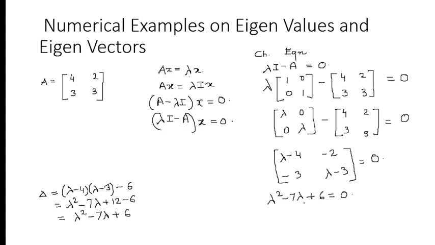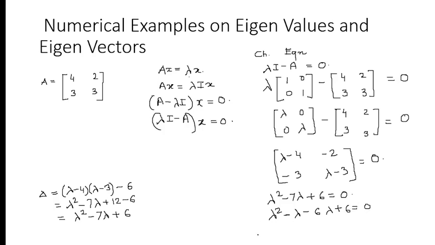If I split this, I can write it as lambda square minus lambda minus 6 lambda plus 6 equal to 0.